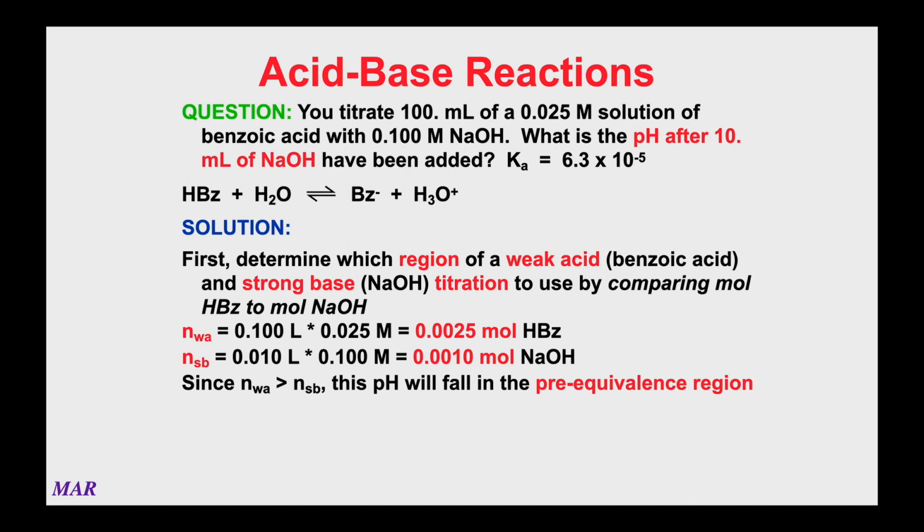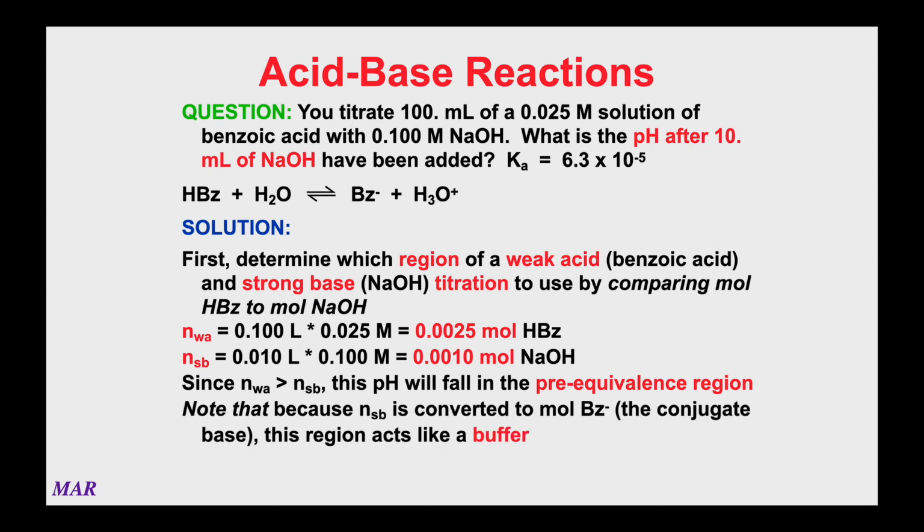All right, so we're going to use the pre-equivalence region equation from earlier in order to solve the pH here. This region now is going to be a buffer region. And what's happening here? The benzoic acid amount is going to be lowered by sodium hydroxide. So as an example, in this case, 0.0025 will be subtracted by 0.0010, and you'll have 0.0015 moles of weak acid left over.